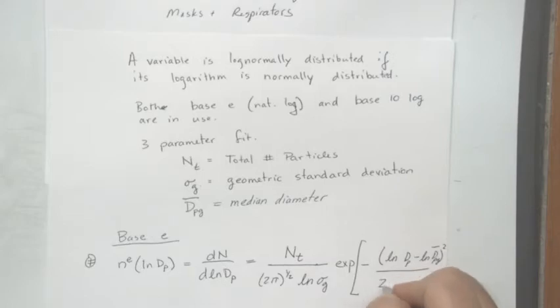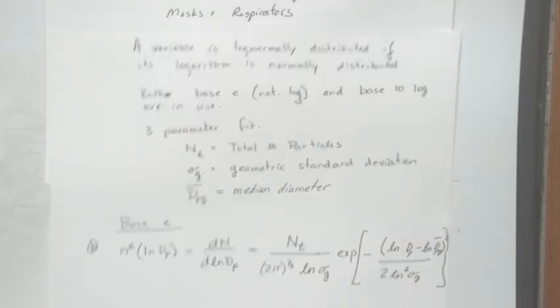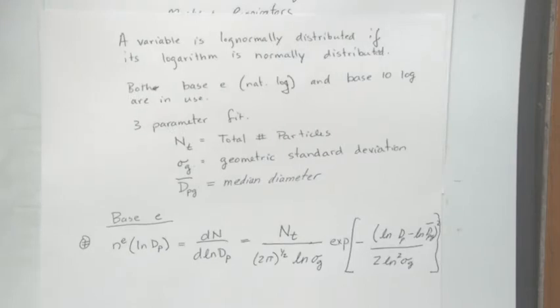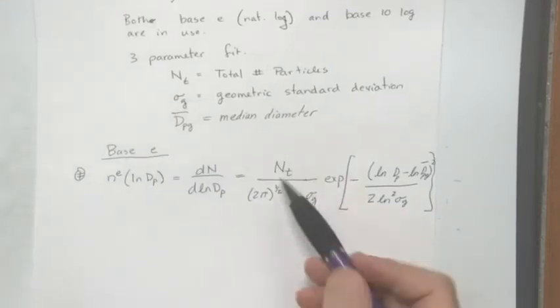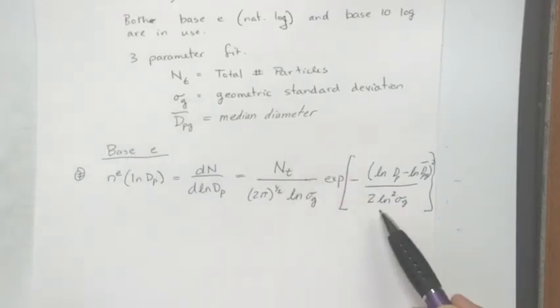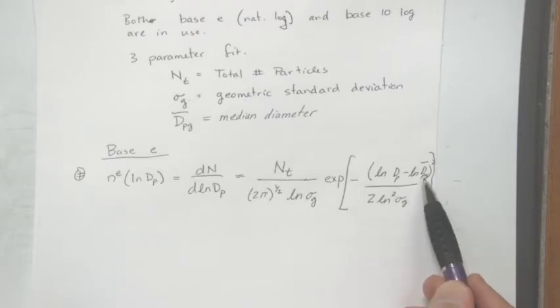All that's over 2 ln squared sigma g. Okay. So my three parameters are here, here, and here.